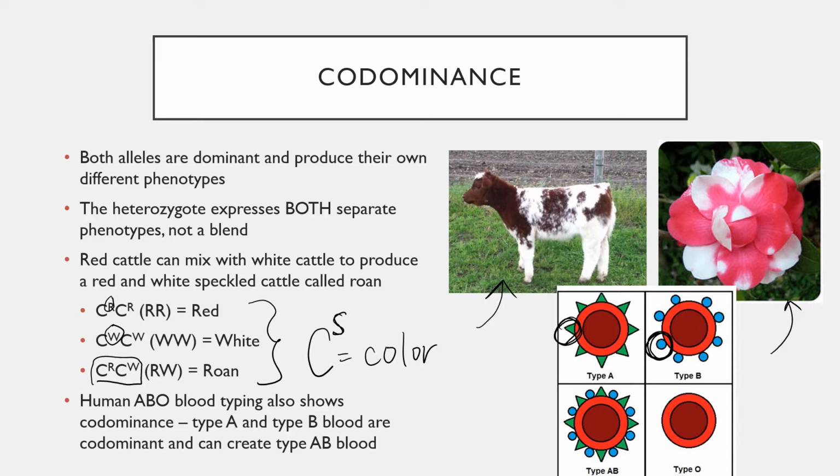Each of these has a different particular carbohydrate that they're expressing on their cell surface. But in type AB blood, I am going to have both of those carbohydrates expressed on the surface of my blood cell. So I will have both A and B characteristics in one blood cell. So that's a codominant situation.